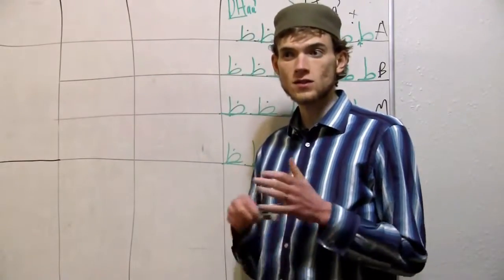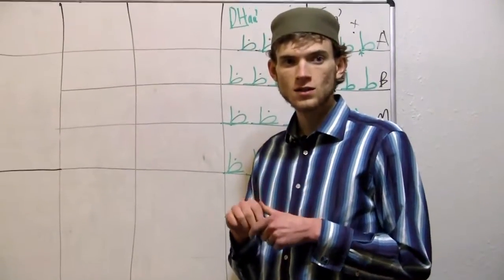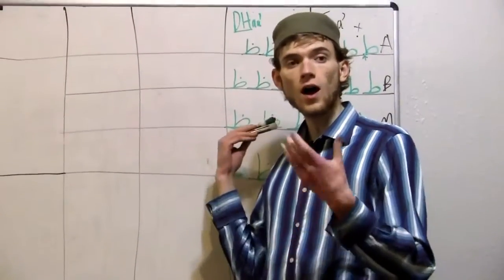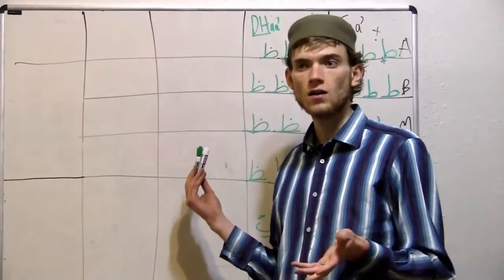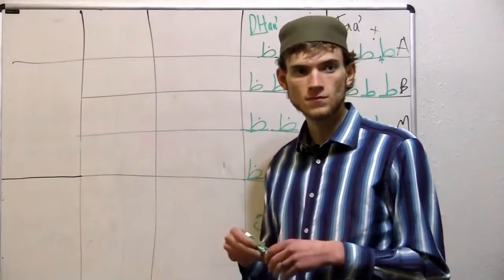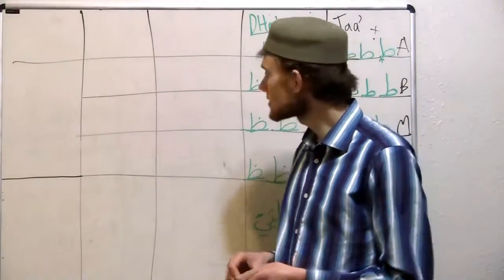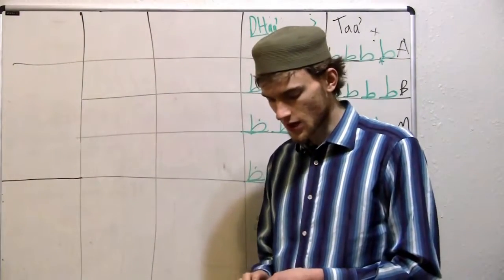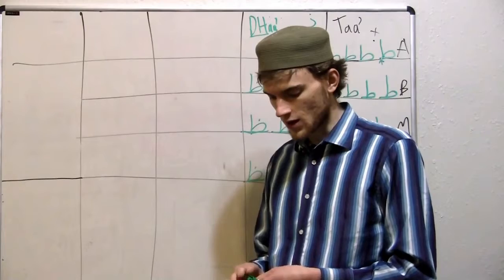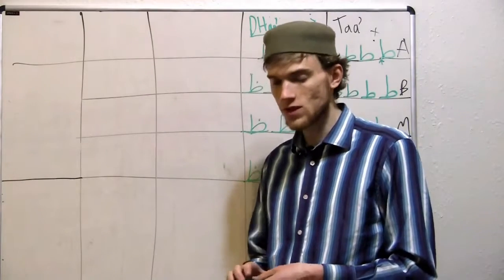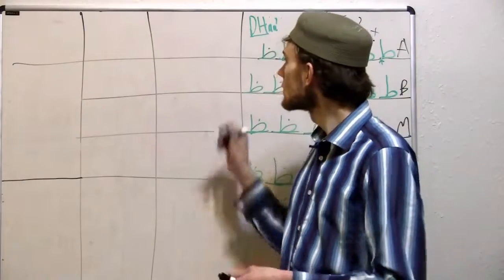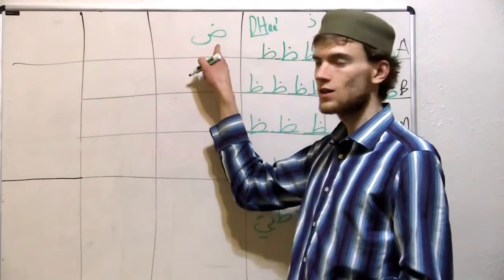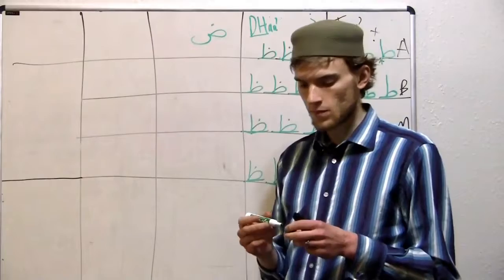Alright, any questions on the dha? Everyone once again. Dha. Right. Notice that there's a difference, actually, even for native Arabic speakers. Often one of the trickiest things in tajweed is distinguishing between the dad and the dha.